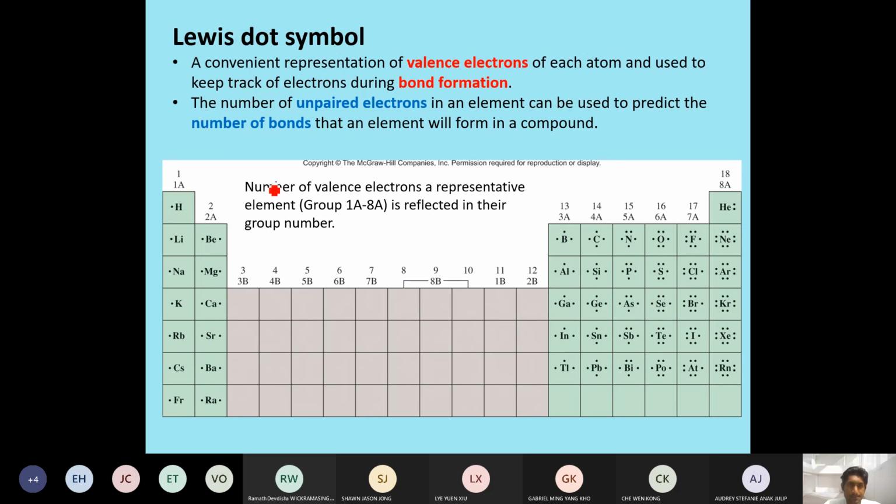The number of unpaired electrons in an element can be used to predict the number of bonds that an element will form in a compound. So only the unpaired electrons: one electron will form one bond, although in a bond we need two electrons at least. So one unpaired electron from this element will go to form a bond with another.